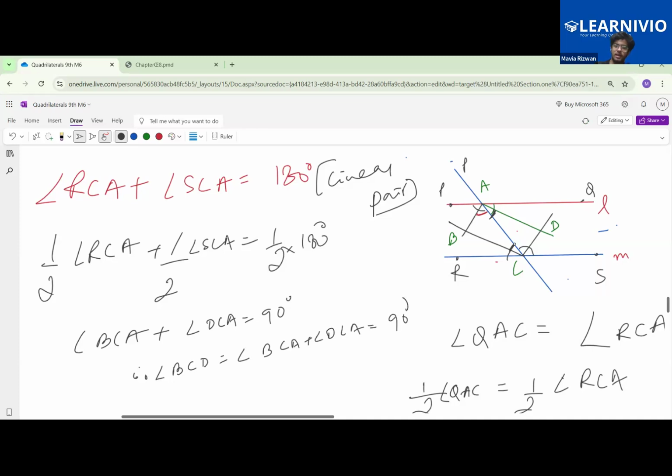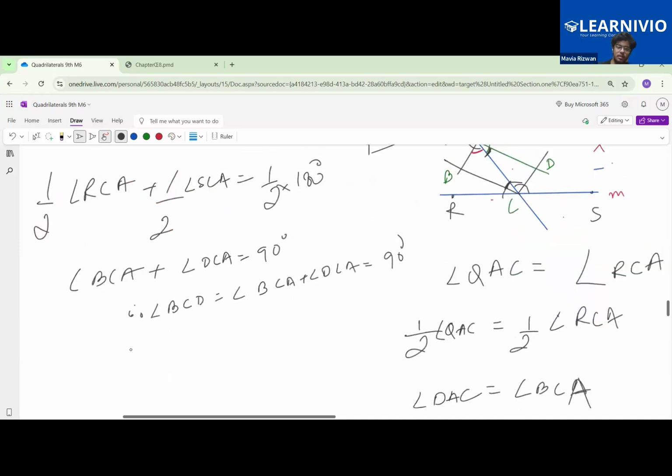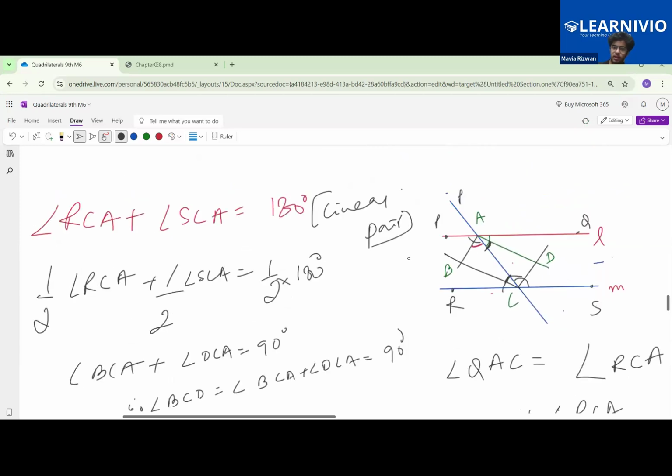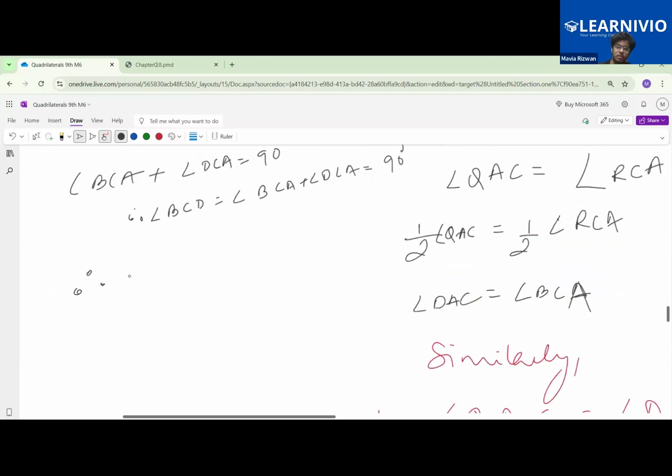Once we have proved this angle as 90, opposite angles are equal, so this is also 90. Therefore angle BAD is also 90, vertically opposite angles.